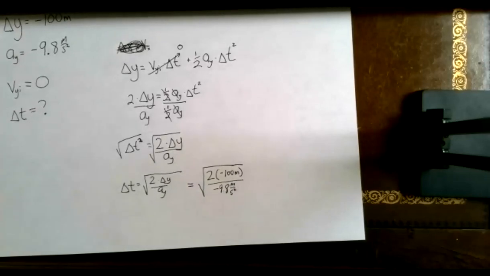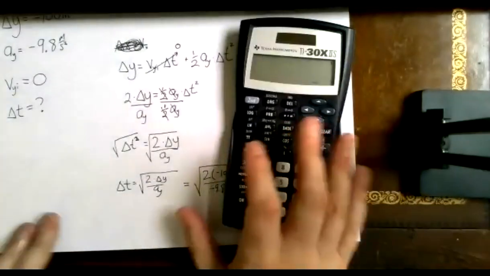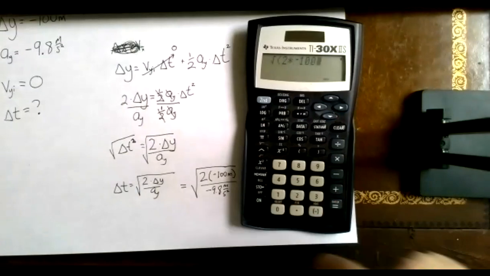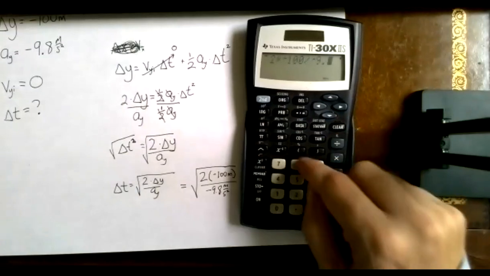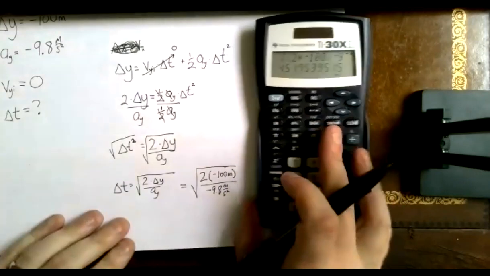So then we can plug that into the calculator. We'll do the square root of 2 times negative 100 divided by negative 9.8. And we get about 4.5.